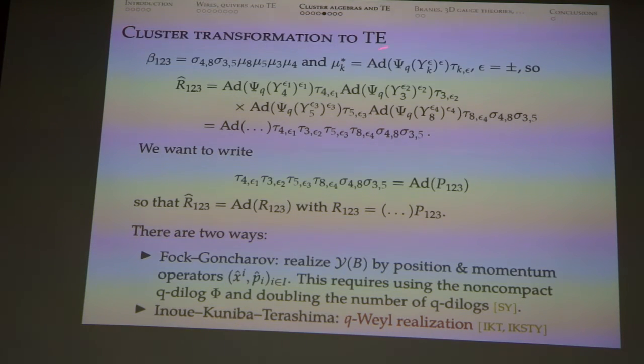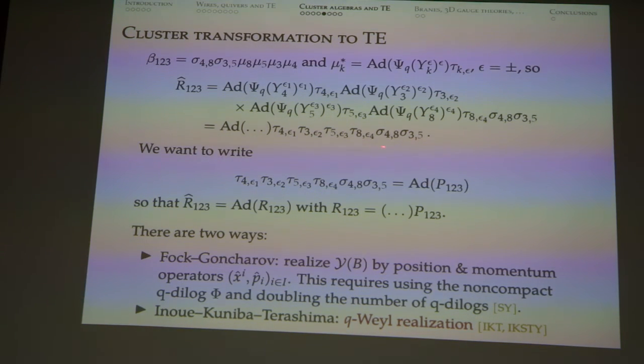But if you plug this definition in here, and then you just calculate what this R hat is in terms of these adjoint actions by psi of Y and tau, then it looks like this. I just plugged the formula in. But then you can actually move these taus all the way to the right, and you can write everything in this form: adjoint action by some operator, times 4 taus and some relabeling.